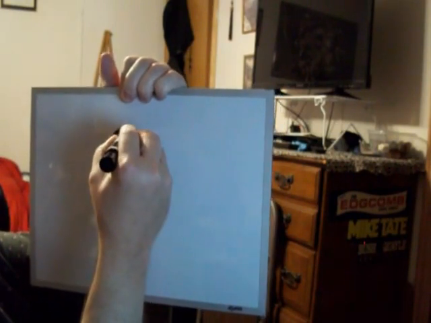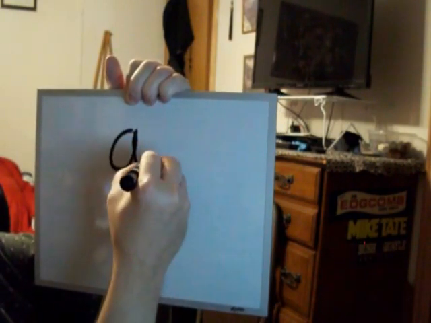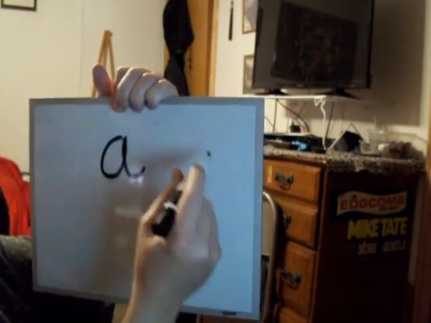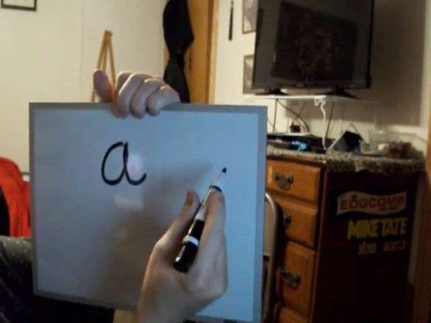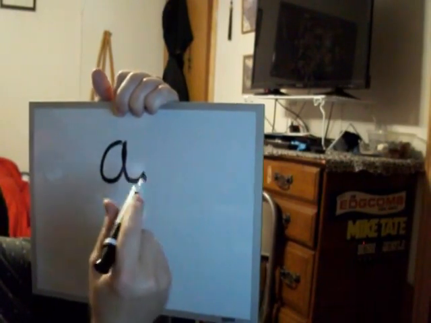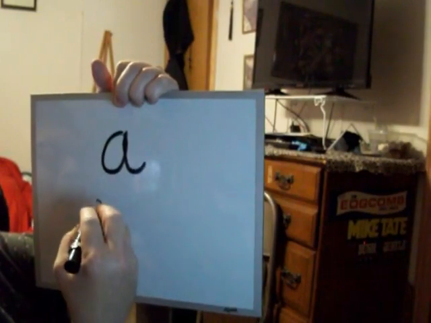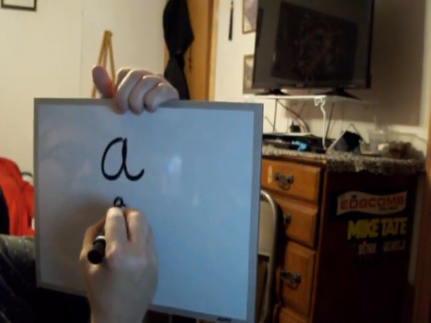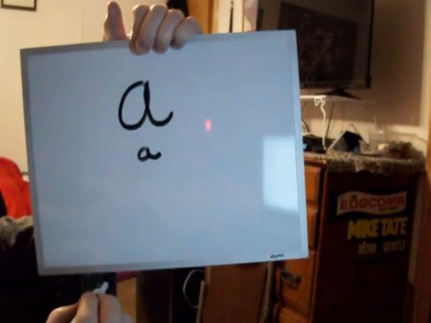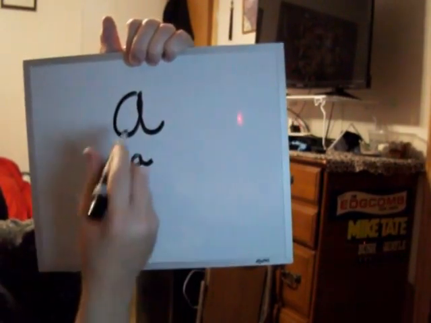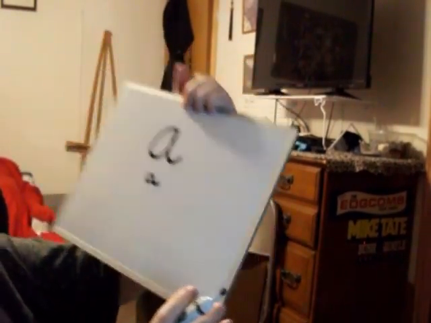It's like an oval, okay? And then you have a curly Q, and this curly Q would join up with another letter of the word. That's the capital letter A. Now the lowercase a is basically the same thing. It's just smaller. And that's how you draw the letter A.